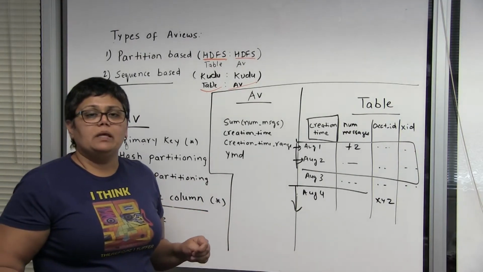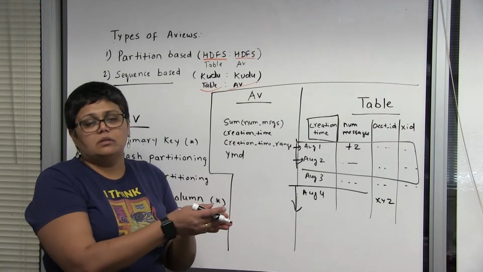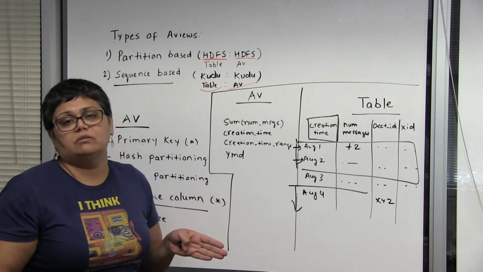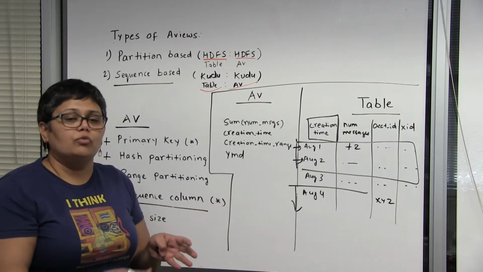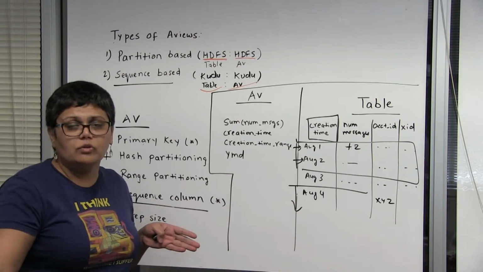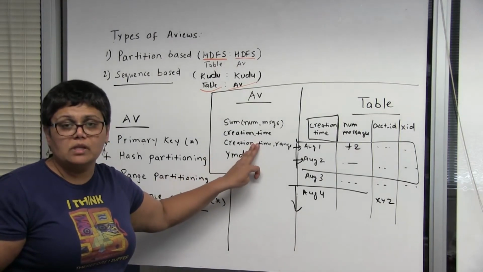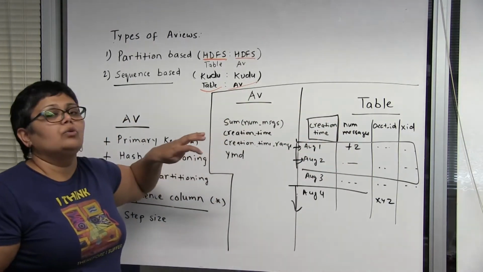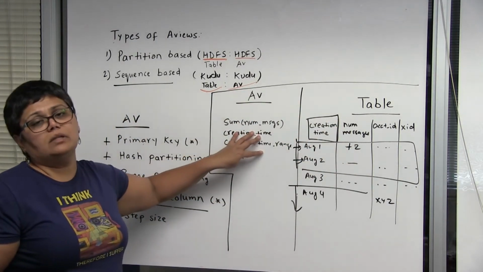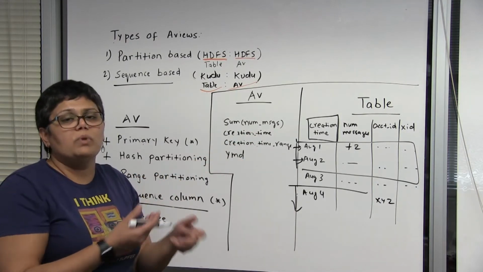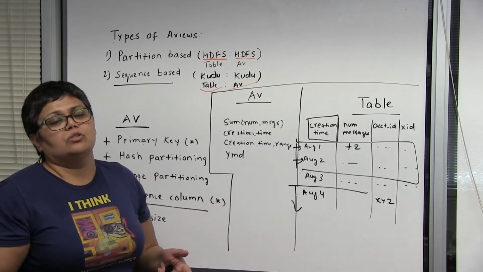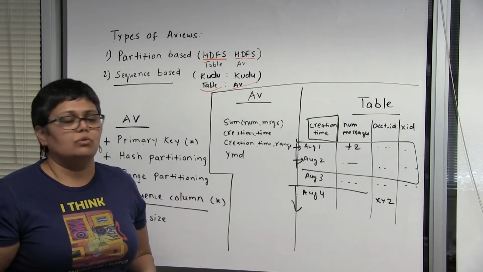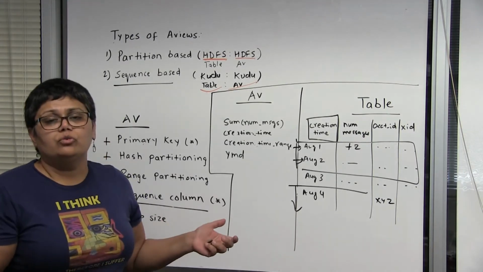A good idea would be for the range to correspond to 1 day's worth of data, for example. You would not want to create a huge range where all the data in the analytical view is going to reside, because that means making any change to the base table would result in total recomputation. On the other hand, you don't want to create too many small partitions because that is not so good for performance. So step size allows you to tune this for your workload.